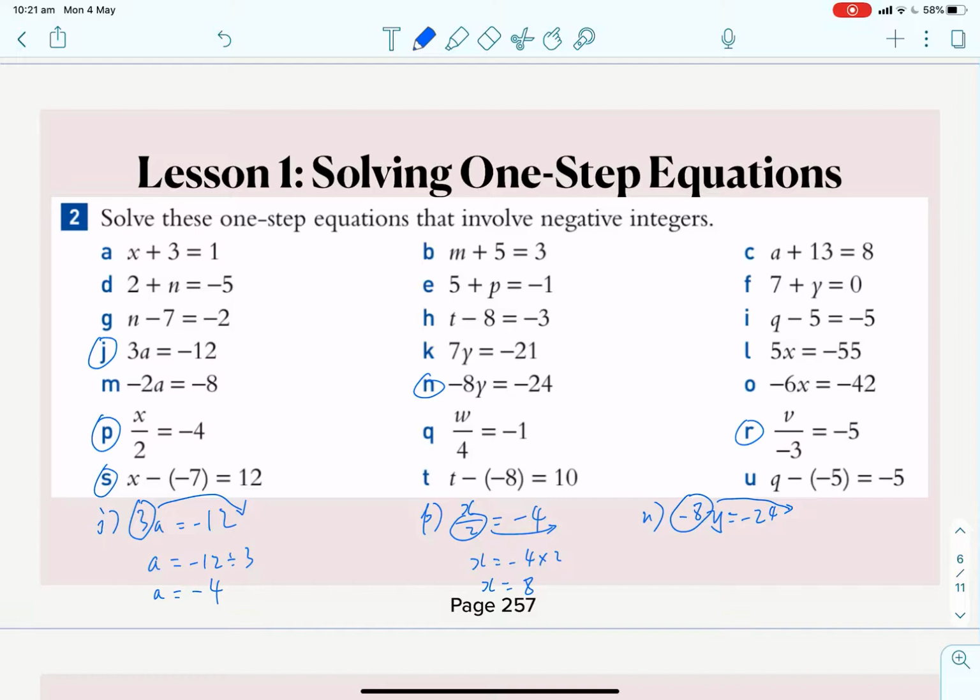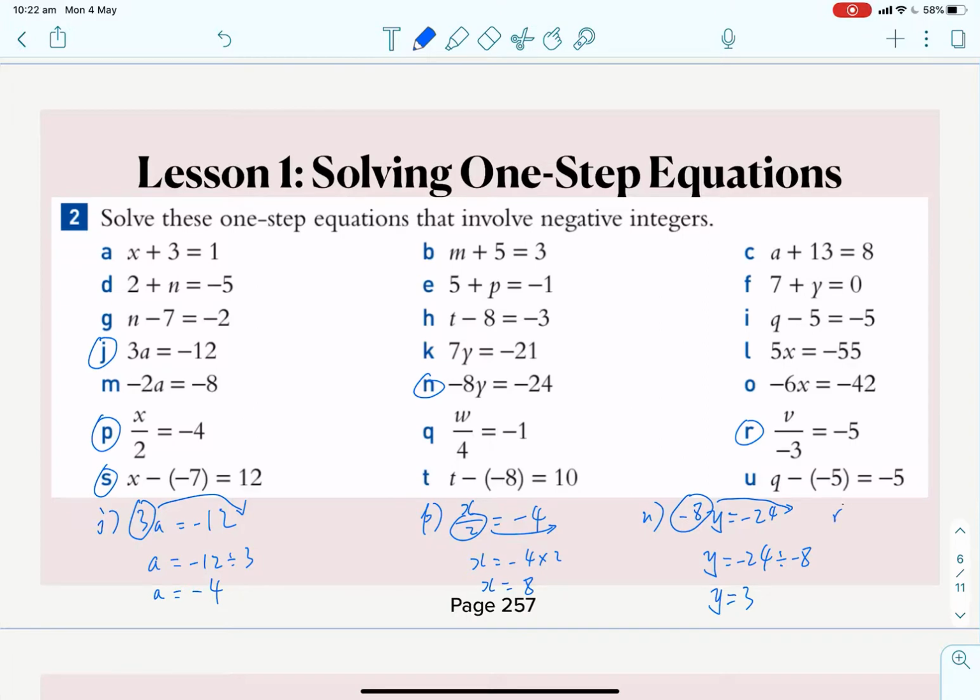Because the negative sign there is not a minus, it's a negative sign. So you need to know what that is. So y is negative 24 divided by negative 8, okay? So y is 3, okay? Always check your calculator.